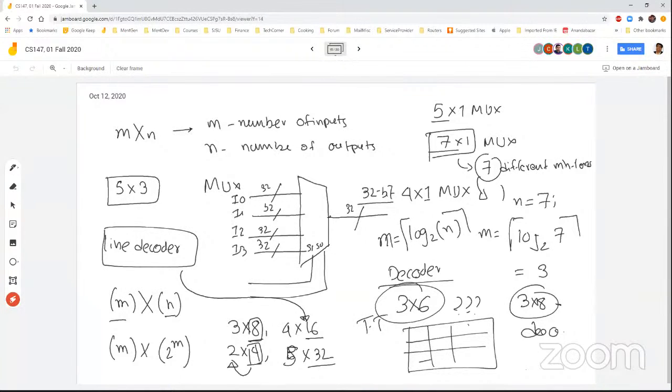Yeah, exactly. So you just don't use that last minterm 7, and you do ANDs between the selection bits and minterms 0 to 6. Right. And it need not be the last one; you can pick your choice of invalid selection and just not connect it.